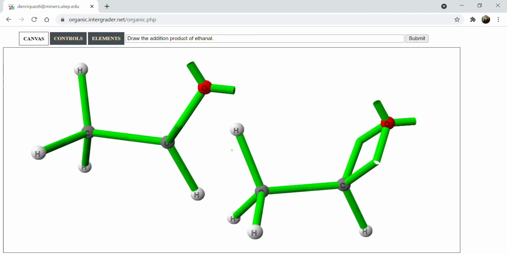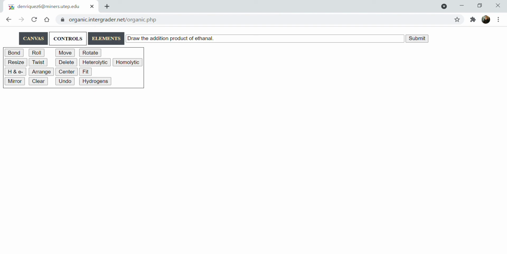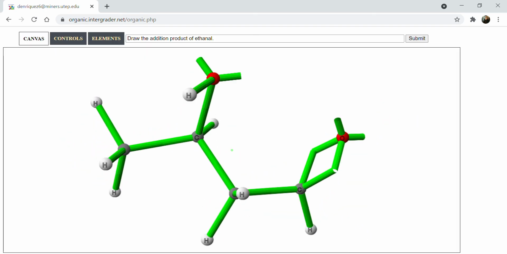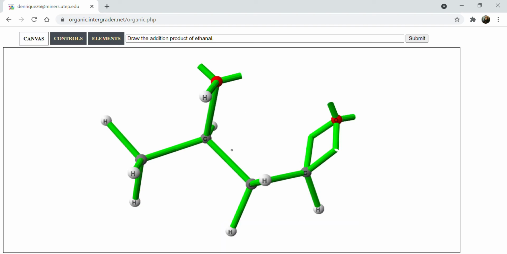So I'm going to take from this one and attach here, and then I'm going to remove this and attach the hydrogen. This is the addition product. For elimination, we would also go ahead and just remove this and create a double bond between these 2. But we can leave it like this. Just scanning for my carbons.